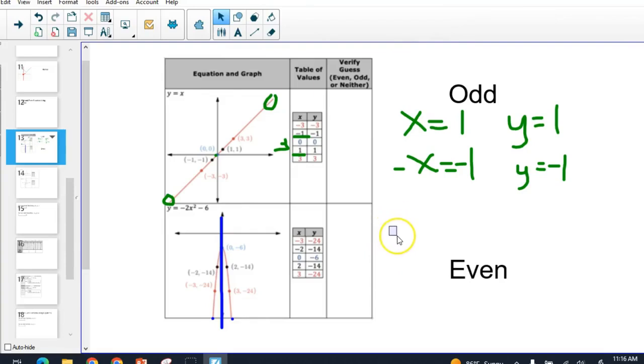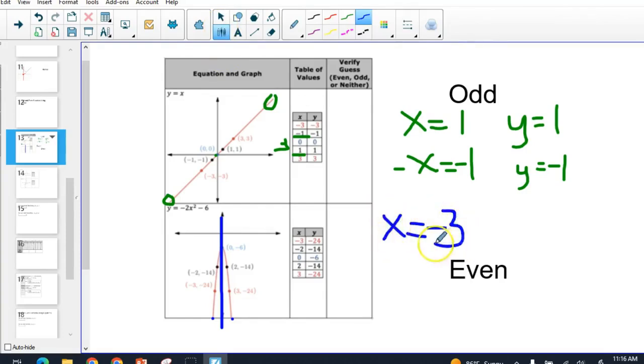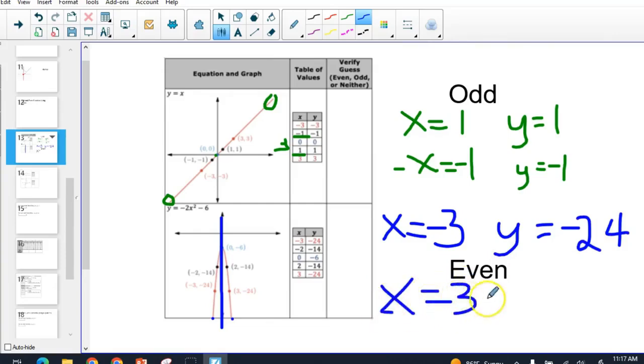Okay, so when I have an x value of -3, you get the y value of -24. Okay, if I have an x value of 3, looks like our y value is still -24.